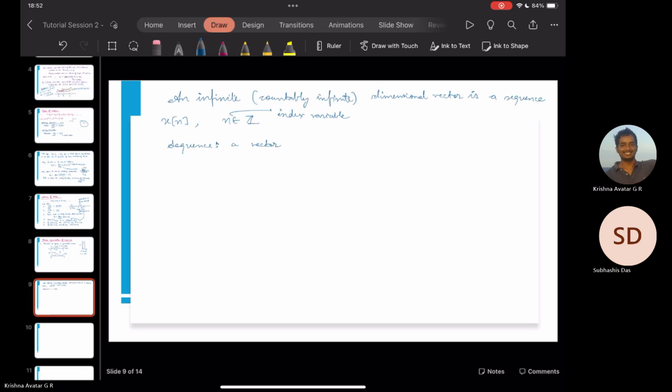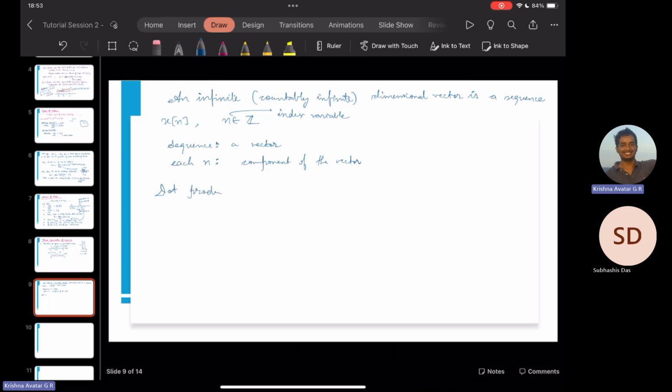and each n represents some component of the vector, right? And after that, let's talk about something called the dot product of vectors.